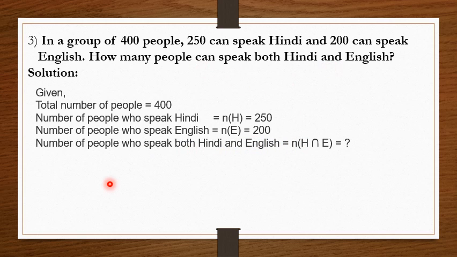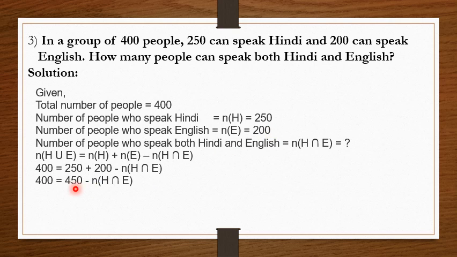That is the question. So while applying the formula, n(H ∪ E) = n(H) + n(E) − n(H ∩ E). What are the given things? We take 400 as n(H ∪ E). So n(H ∪ E) is given, n(H) given, n(E) given. On substituting, we get 400 = 250 + 200 − n(H ∩ E).